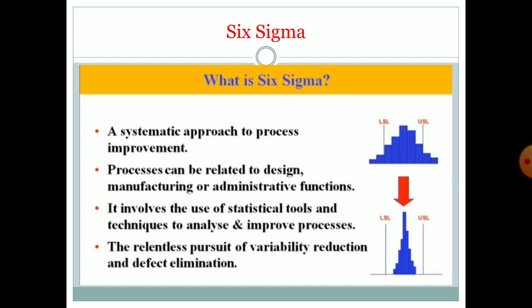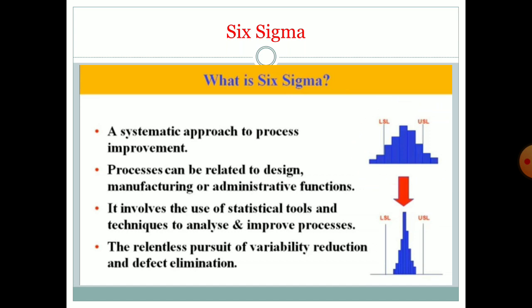Coming to this slide, it is a systematic approach. As already told, it is a scientific approach. Suppose this is the process, and a particular process runs between a lower limit and an upper limit. We are specifying this boundary, and our process should be within this boundary. If the process goes out of this boundary, below the lower limit or above the upper limit, then this process becomes out of control.